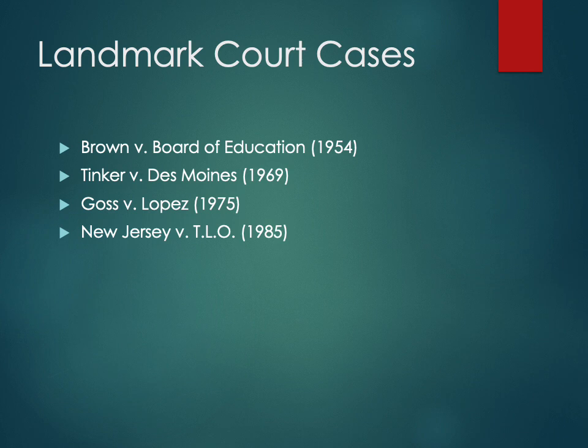Goss versus Lopez in 1975 was a Supreme Court case that ruled that public school students must be given due process before being suspended. And the 1985 Supreme Court case, New Jersey versus T.L.O., established the standard for student searches. In other words, reasonable suspicion rather than probable cause.